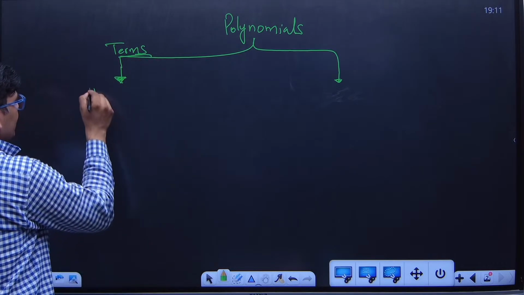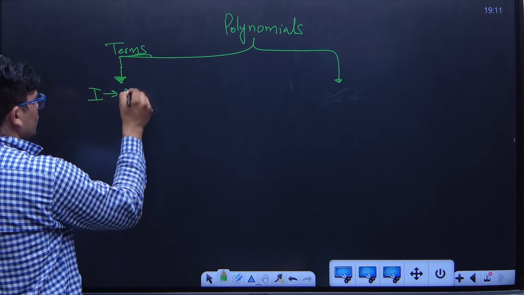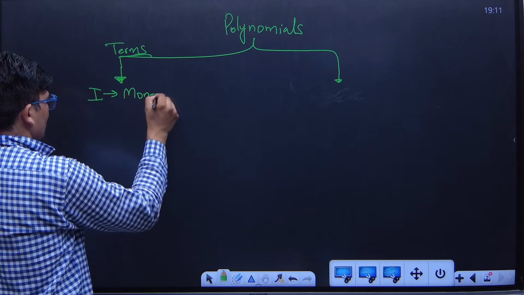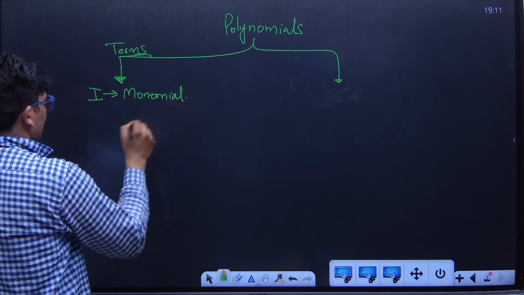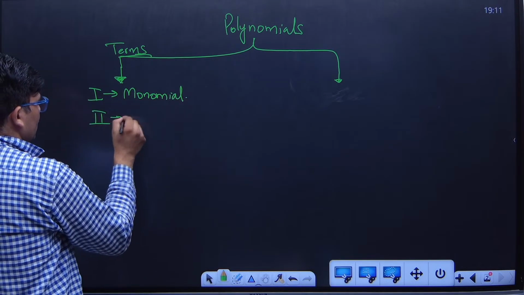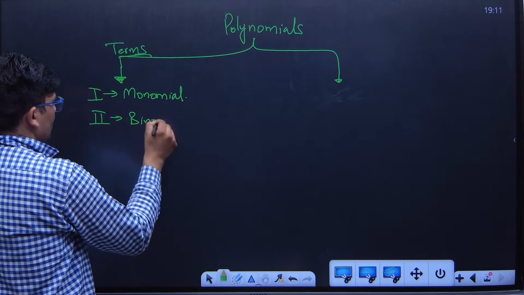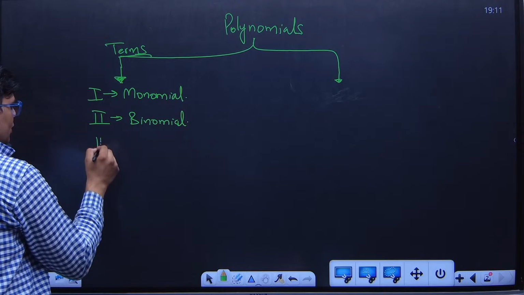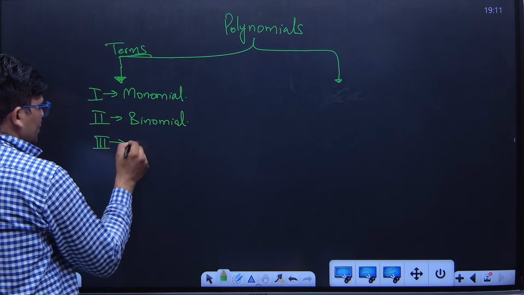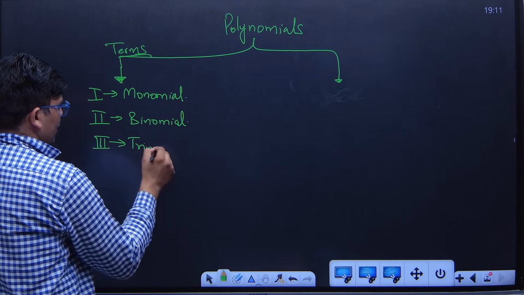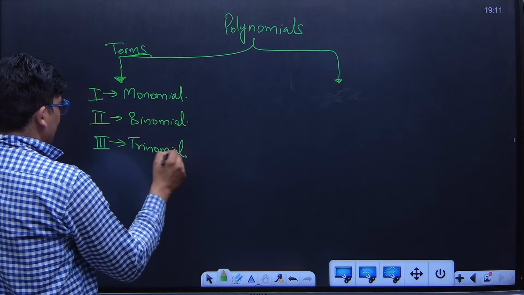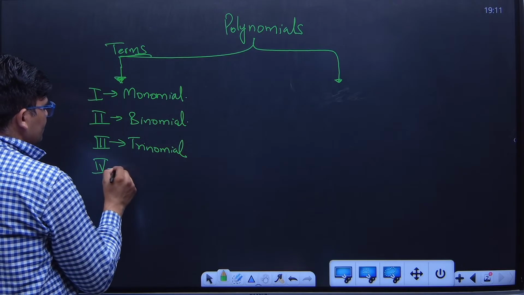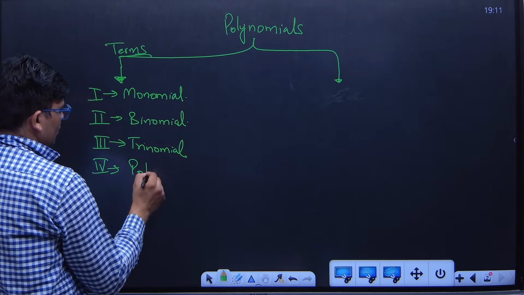If it has a single term, it is known as monomial. If it has two terms, it is known as binomial. If it has three terms, it is known as trinomial. And if it has more than 3 terms, it is known as polynomials.